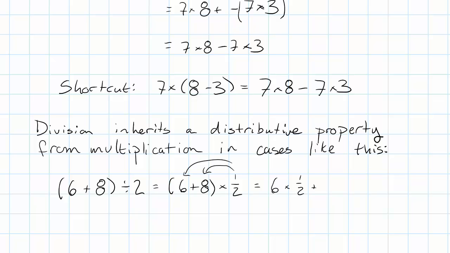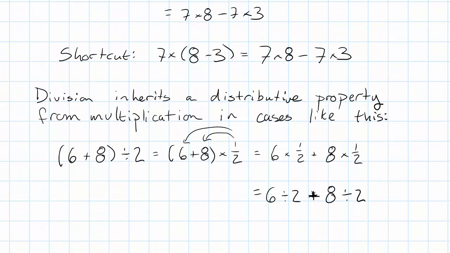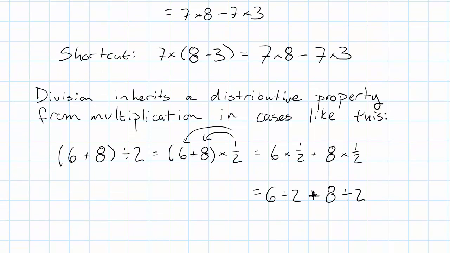That's 6 times a half plus 8 times a half, right, which is 6 divided by 2 plus 8 divided by 2. So in the case of a sum divided by something, division inherits a distributive property from multiplication. And again, just like for subtraction, we can see it by rewriting the division as multiplication.